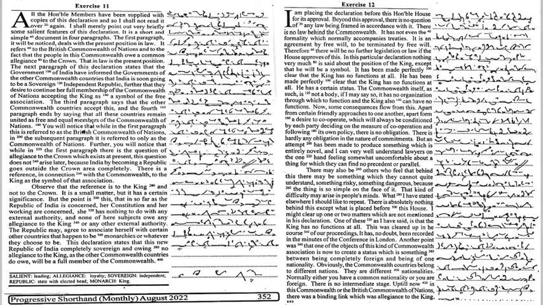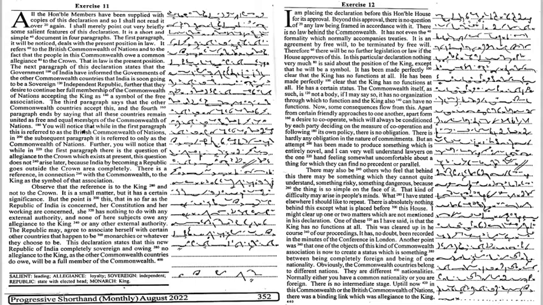The third paragraph says that the other Commonwealth countries accept this, and the fourth paragraph ends by saying that all these countries remain united as free and equal members of the Commonwealth of Nations. You will notice that while in the first paragraph this is referred to as the British Commonwealth of Nations, in the subsequent paragraph it is referred to only as the Commonwealth of Nations.